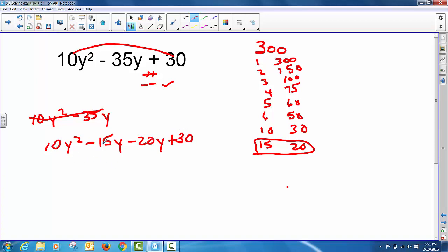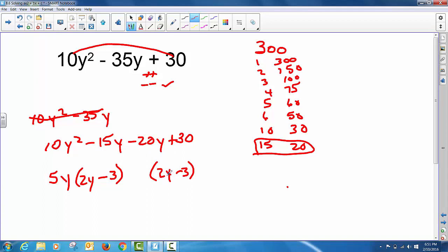A 10 and a 15 both have a 5 in common, and also a y here. So we divide 10y squared by 5y and we get 2y. 15y divided by 5y leaves us with negative 3. And then over here, you know you're going to get 2y minus 3. That's the only way it's going to work.